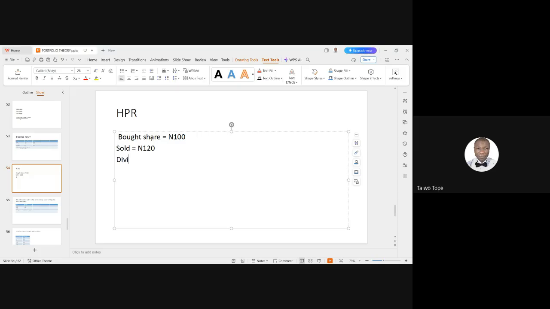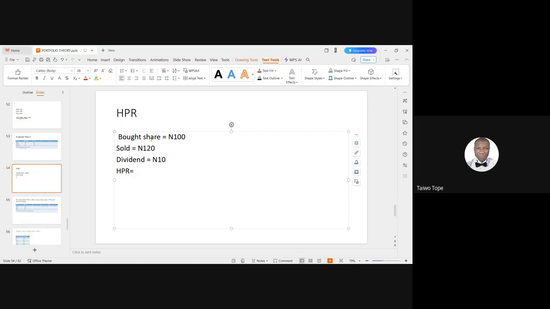Now, is there any return or dividend related to this? If yes, you have it. The dividend, let's say, is 10 naira. If you are asked to use the holding period to compute, what will you do? The holding period return will be equal to what?